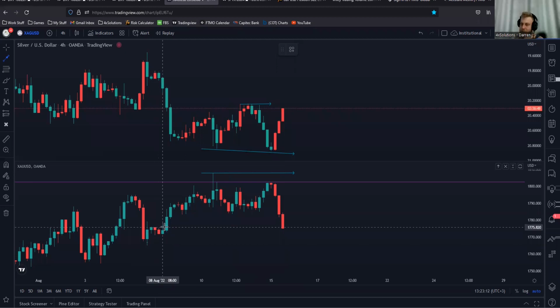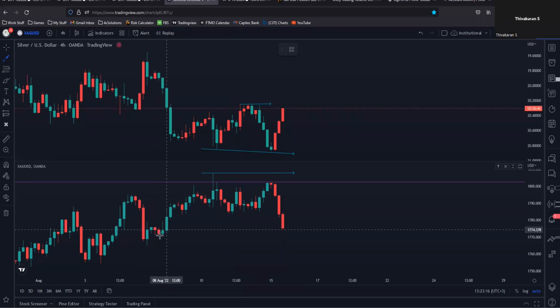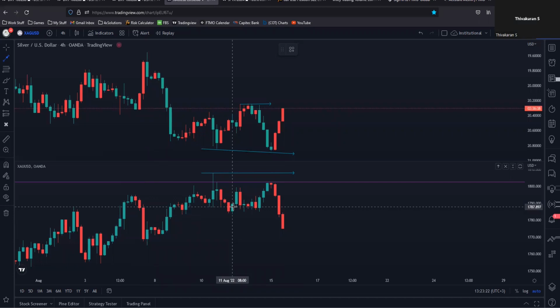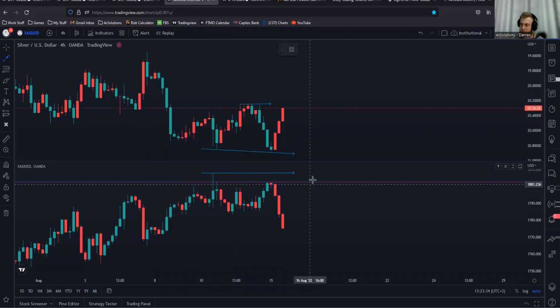If you were to buy hypothetically right now, and you put your stop loss wherever, either below this low or that low, where would your target for that buy be? My first target would be on the line that is on the right. This one?